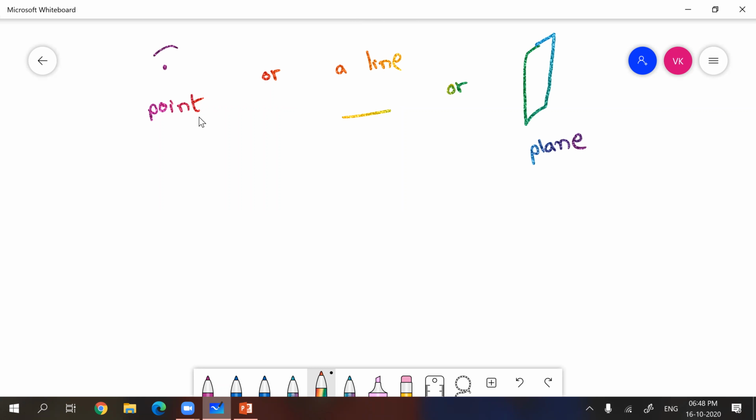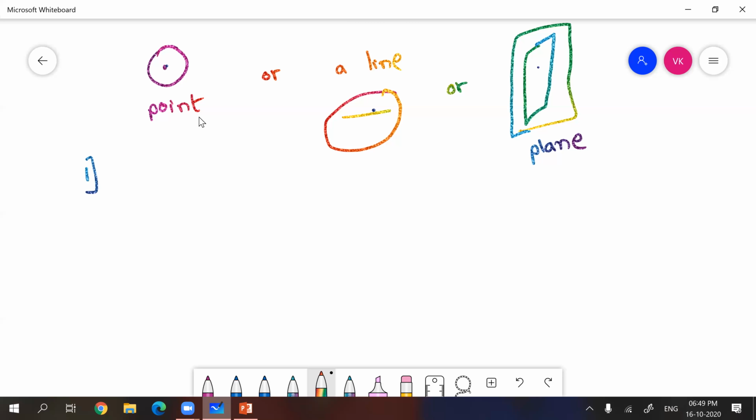So the operation that is carried through a point or a line or a plane is said to be a symmetry operation. And this point, line or plane which we are using to carry that operation is said to be a symmetry element. There are 5 symmetry elements. Let's see what are those.